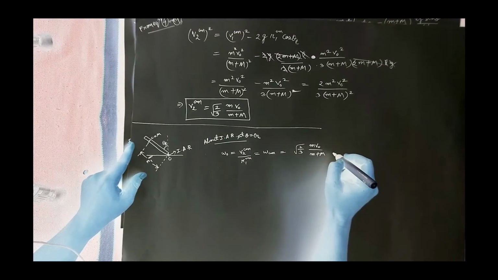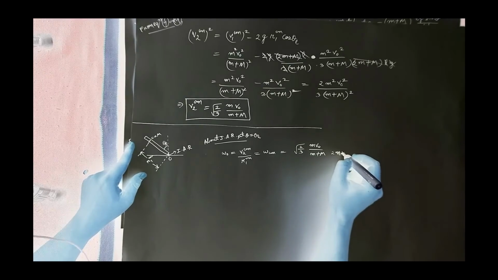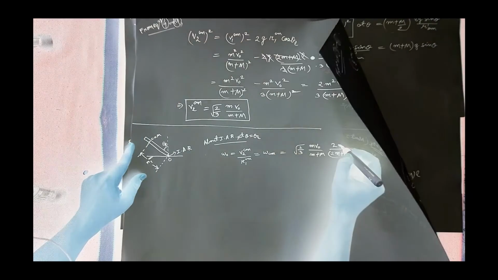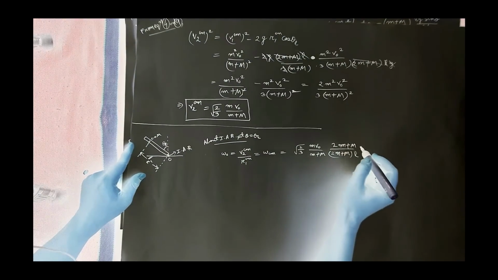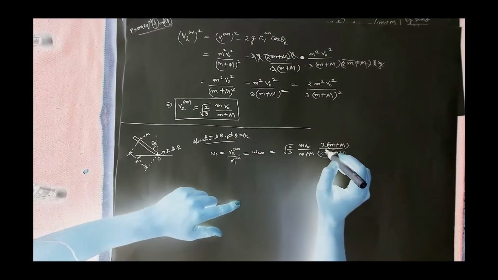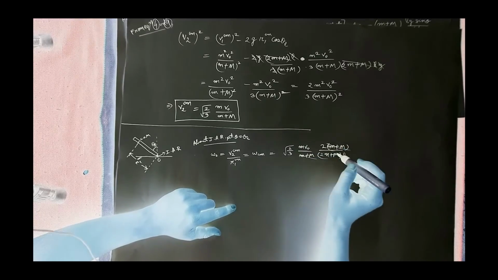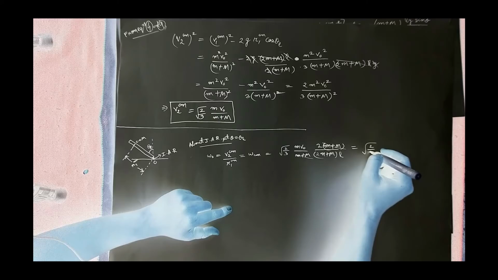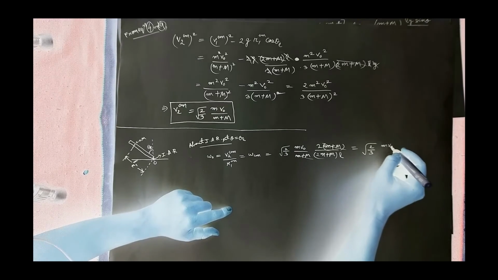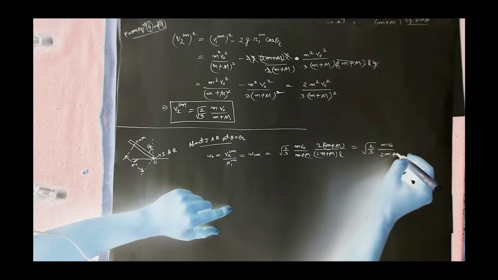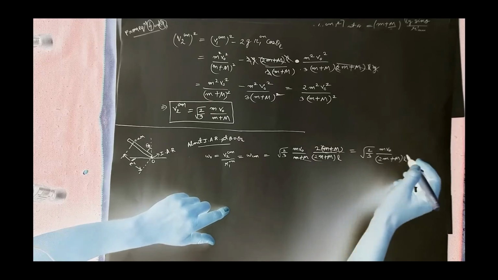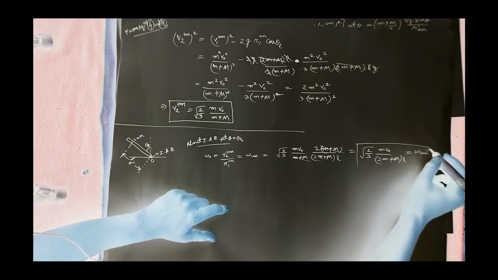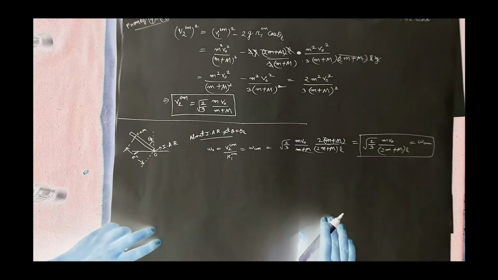I can write it as 2 small m plus capital M L by 2 small m plus capital M. So my small m plus capital M is getting cancelled, and the thing that I am having at the last is root over of 2 by 3 m v naught divided by 2 small m plus capital M into L. This is the value of my omega cm, that is the angular velocity of the whole system about the center of mass just after leaving.